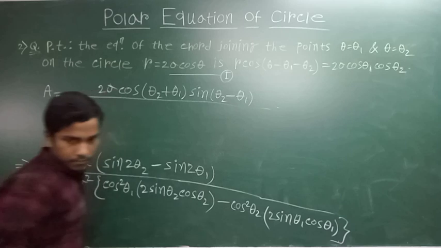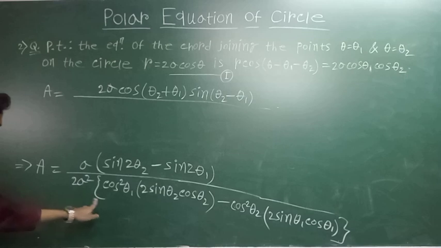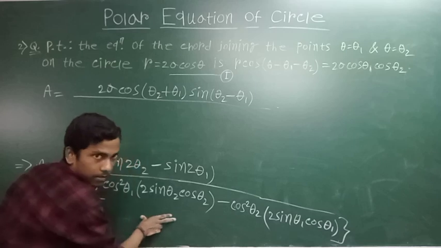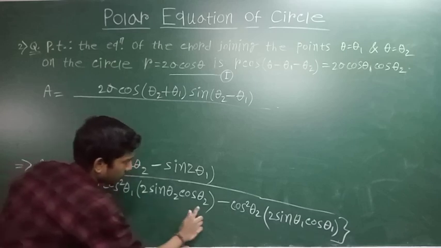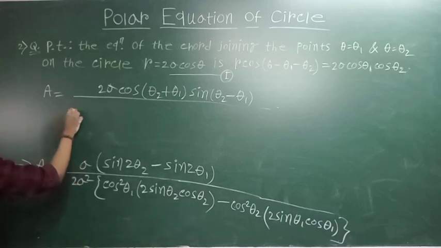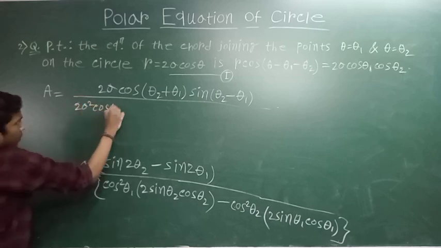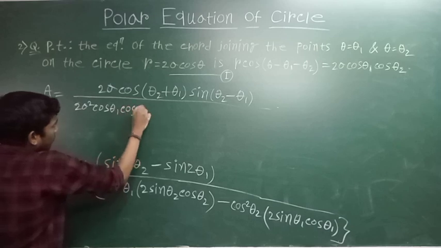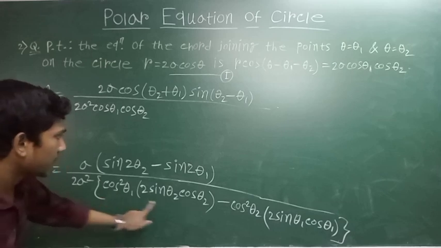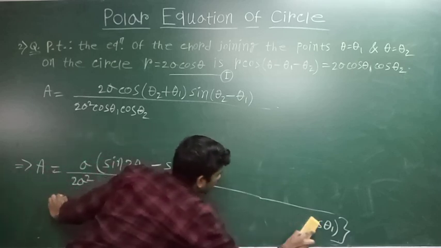Okay, divided by the denominator is, now take cos theta 1 cos theta 2 common from these two quantities. Here is cos theta 1 cos theta 2 and cos theta 1 cos theta 2. So we will take this common outside. Then the denominator becomes 2a squared cos theta 1 into cos theta 2 into, now if you take cos theta 1 cos theta 2 common, what are we left with?